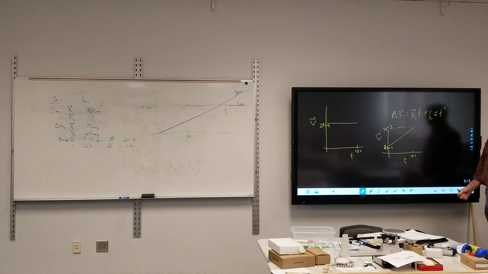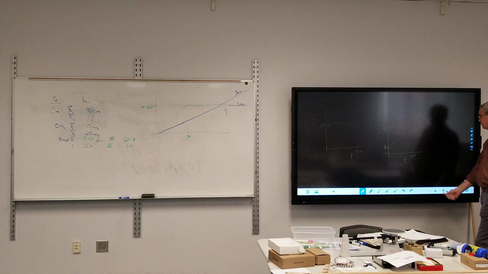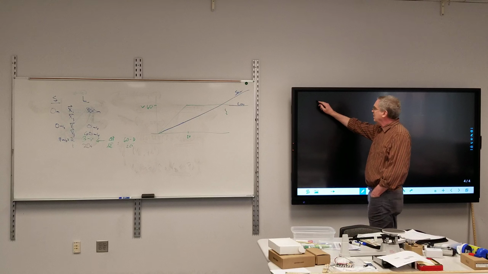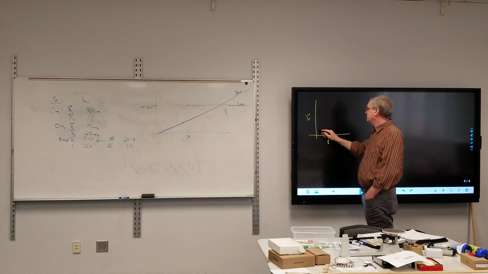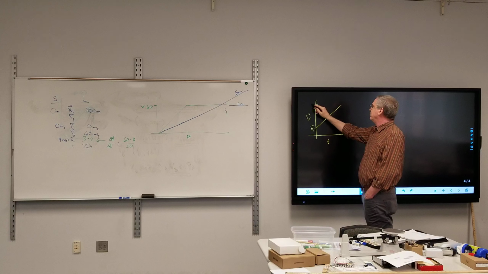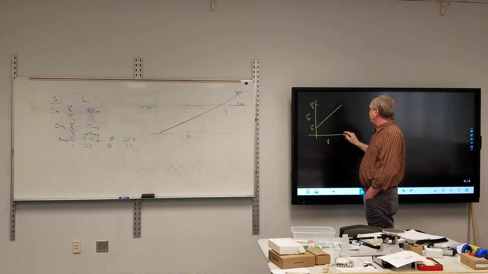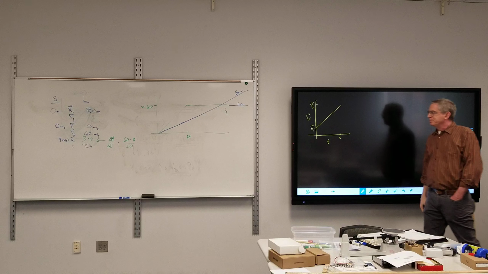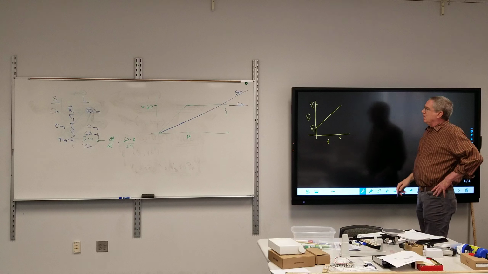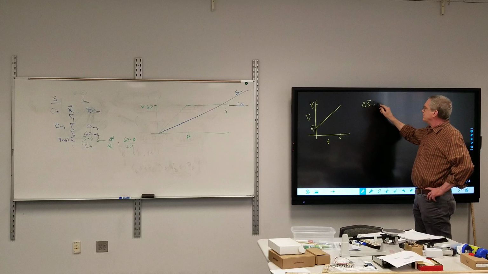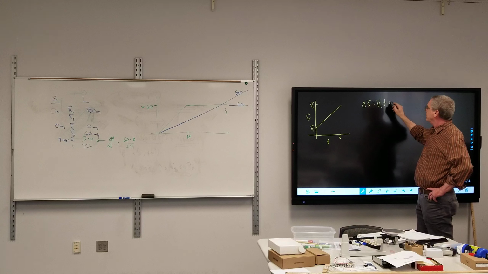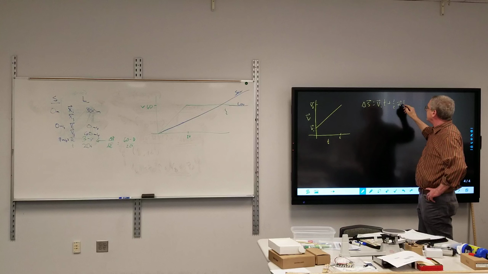All right, let's sort of work backwards here. Let's assume a constant acceleration. I have velocity time. I have some initial velocity, I have some final velocity, and I have some time. I know that my displacement is equal to VIT plus 1/2 AT squared.